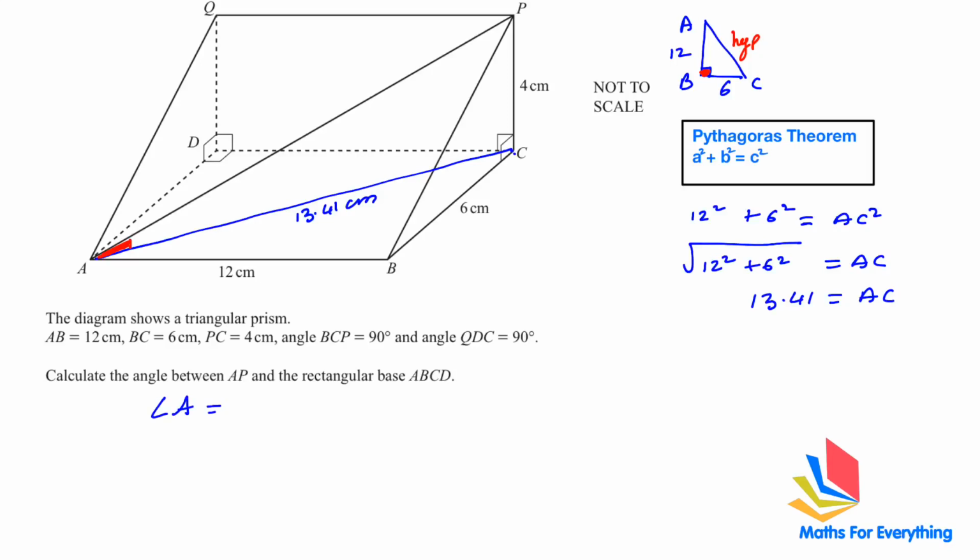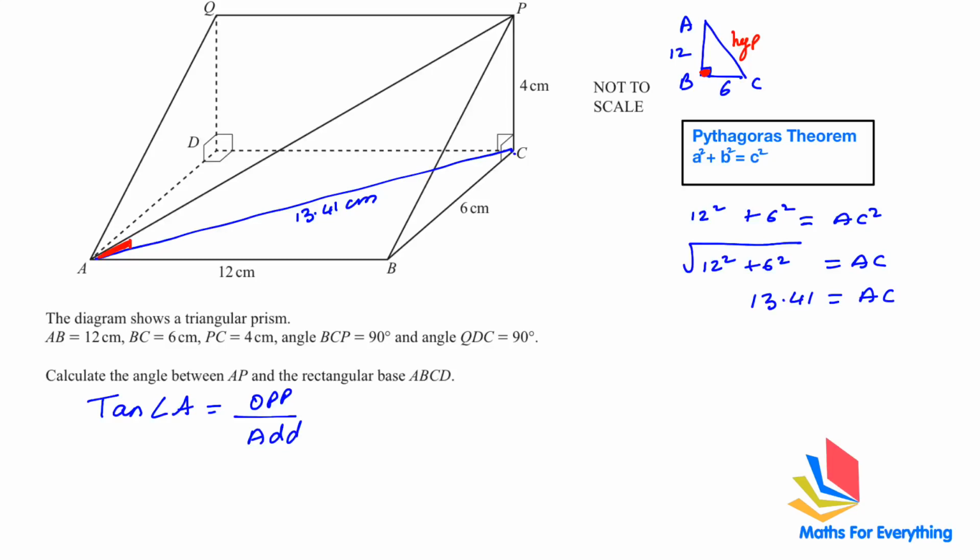So angle A is equal to, what do we have here? We have got the opposite side. Remember that this is a corner, so this is equal to 90 degrees. So this is opposite and this is adjacent. Opposite and adjacent means tan.